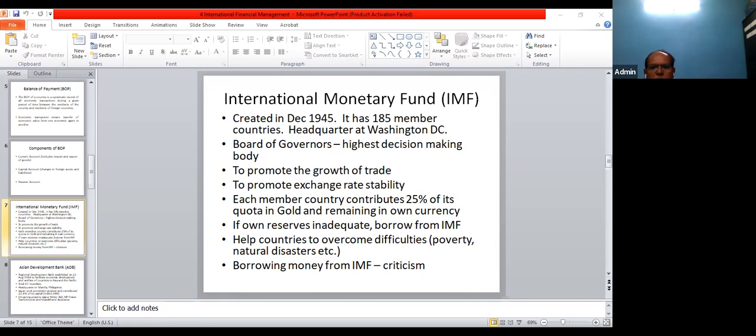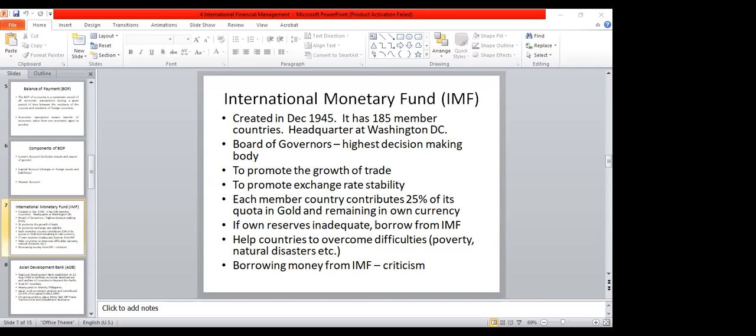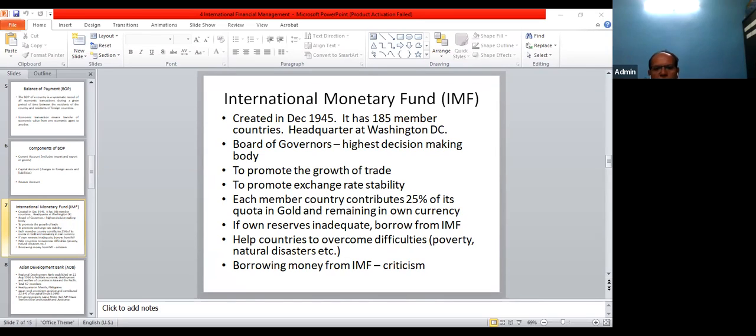Why do you want to become a member? Because you want to promote growth of trade, because every country would like to export their material to other countries so that foreign currency will come to their country, and they want to minimize imports.